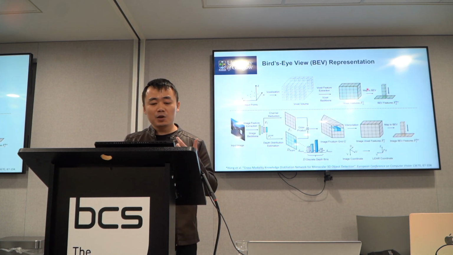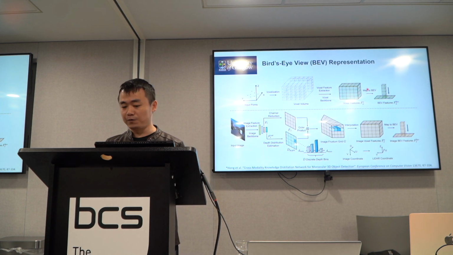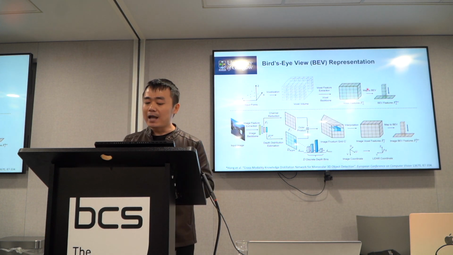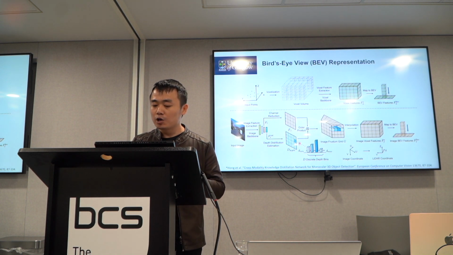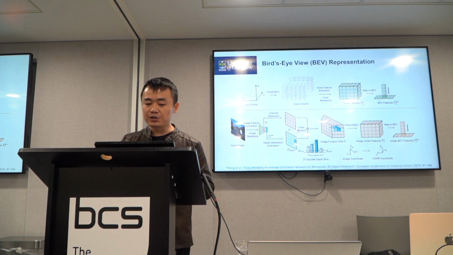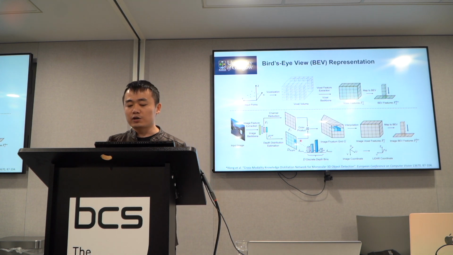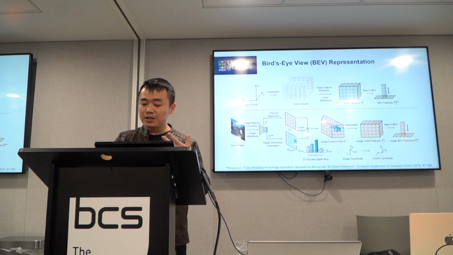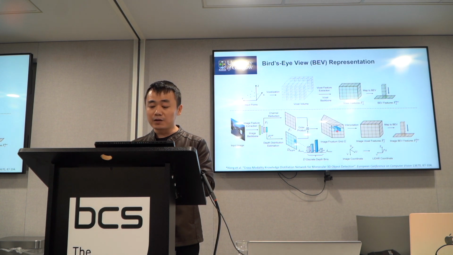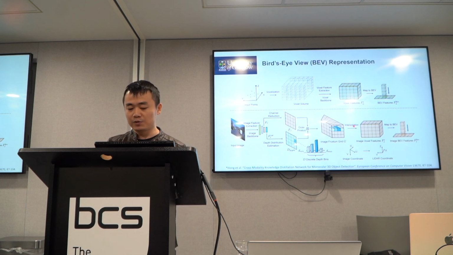For the image modality, we can use an image backbone to extract the image feature, and also a depth distribution estimator to extract the depth distribution for the image. Then we use this image feature and depth distribution to construct a frustum grid, which can be converted to a cuboid volume in the point cloud coordinates through interpolation using the camera parameters.